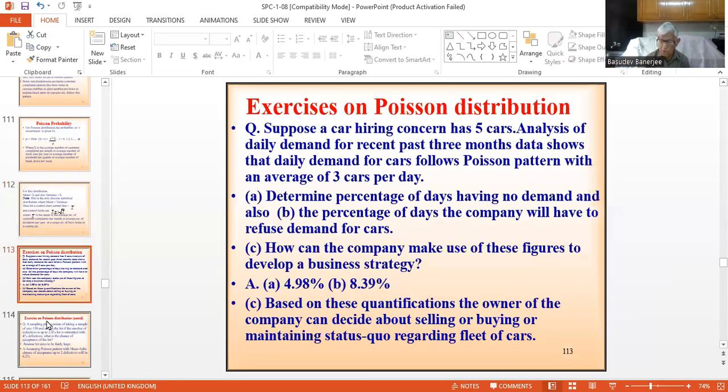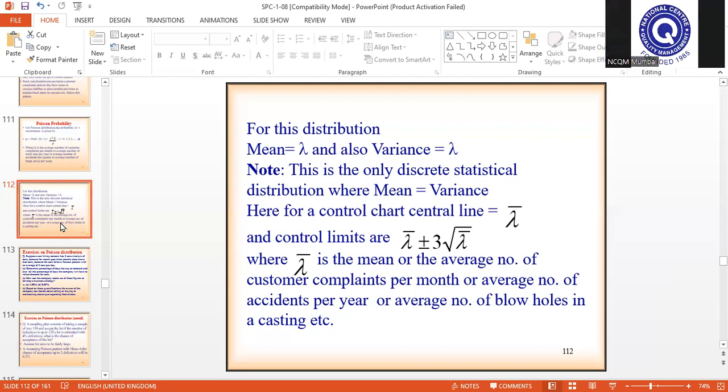The only continuous statistical distribution we'll be covering later. The exercises on the Poisson distribution are given here; you can refer to the book for that, chapter 20. First take the binomial distribution, applicability 3.4. There are worked out examples here, 3.5.1, page 20-4.